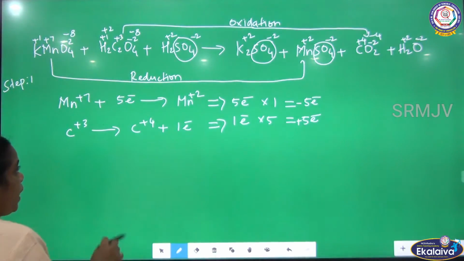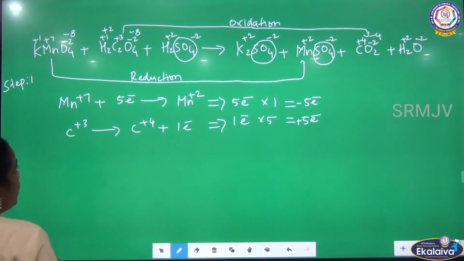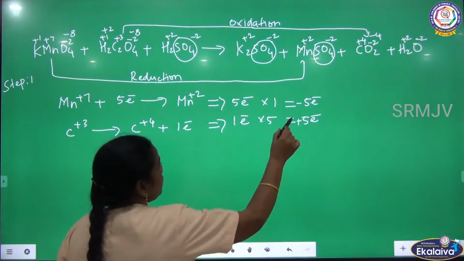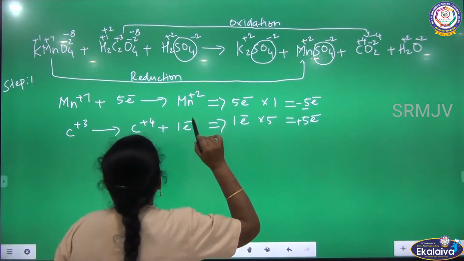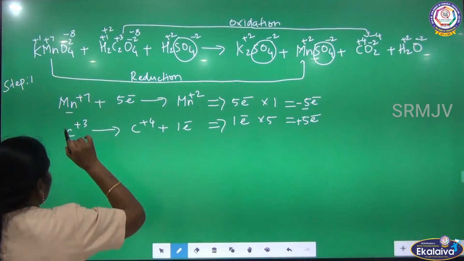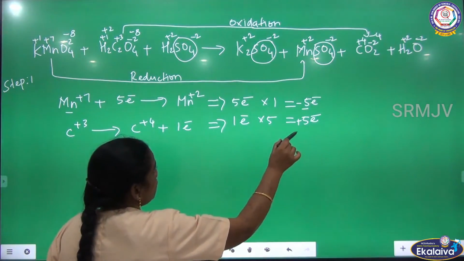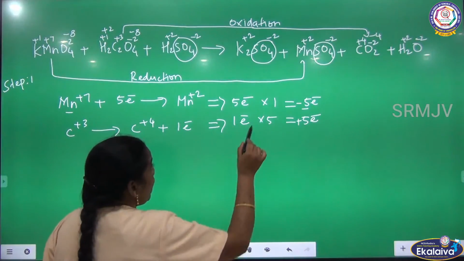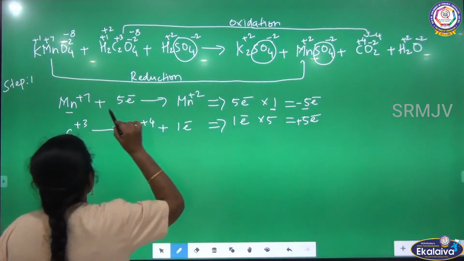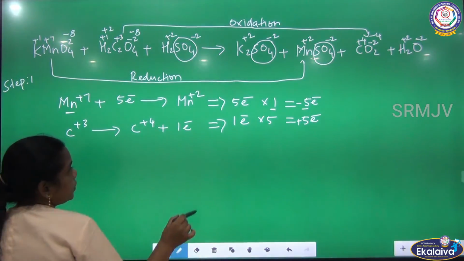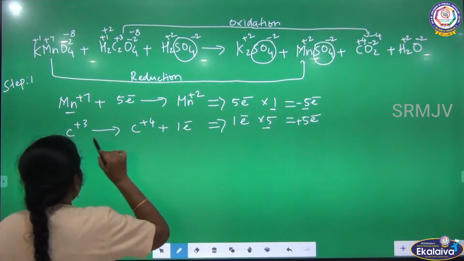Now you want to balance the equation by multiplying. You are going to multiply manganese by 1 and carbon by 5.